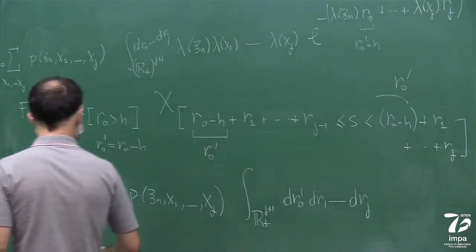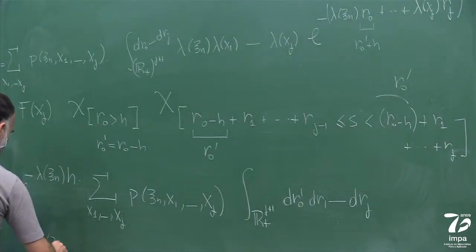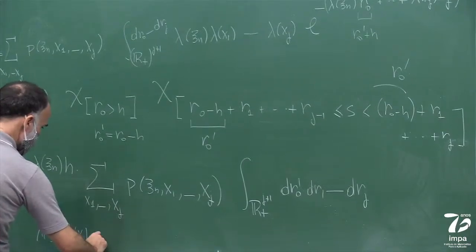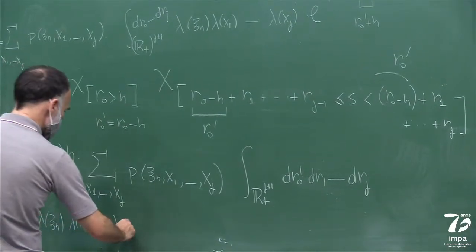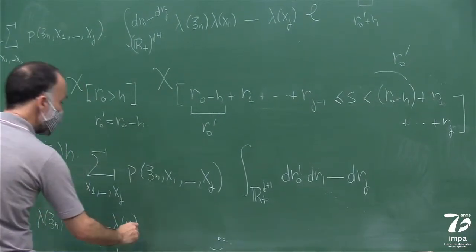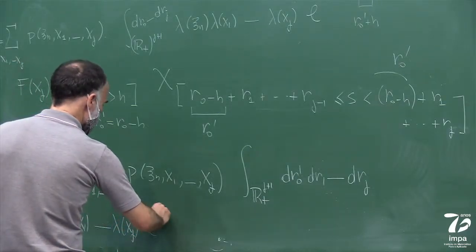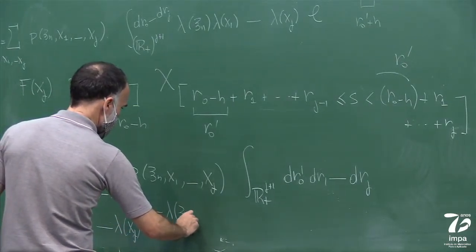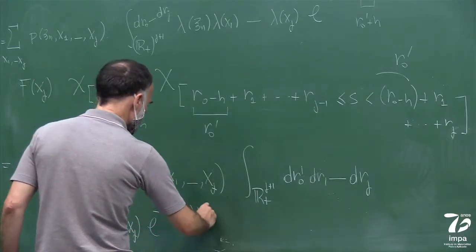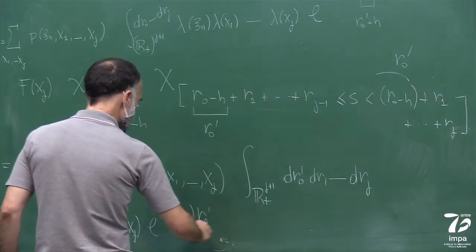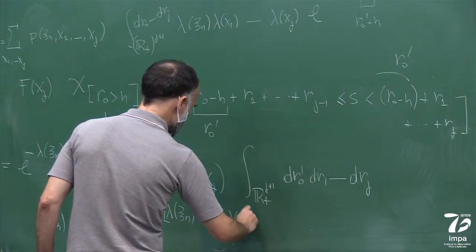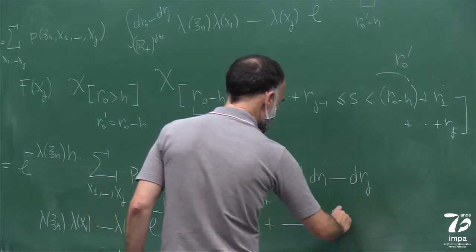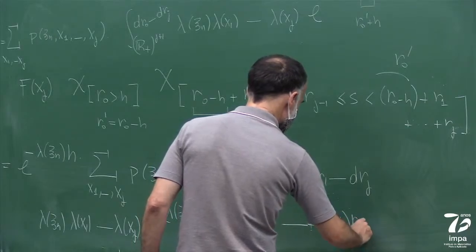That didn't change. Lambda psi n, lambda x1, lambda xj, exponential minus lambda psi n r0 prime plus lambda x1 r1 plus lambda xj rj.